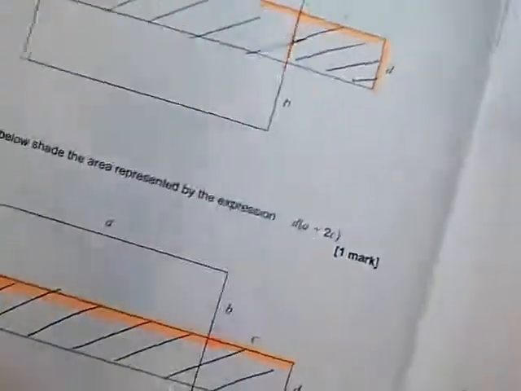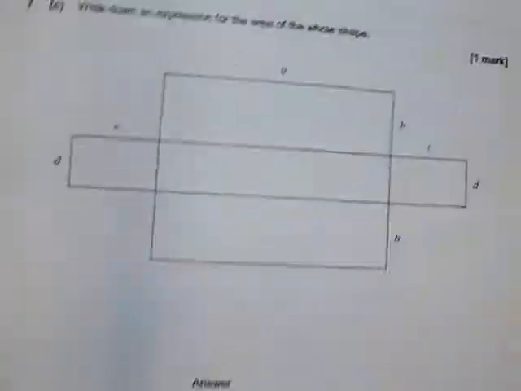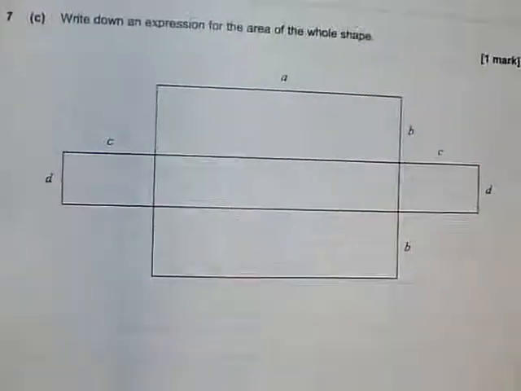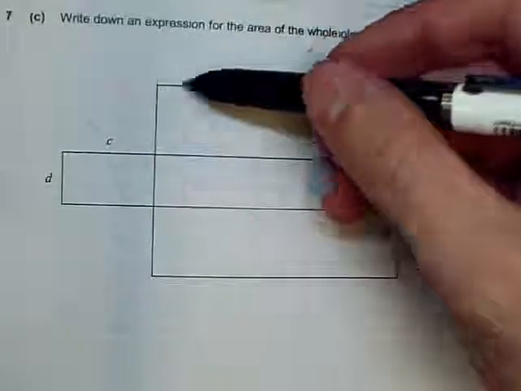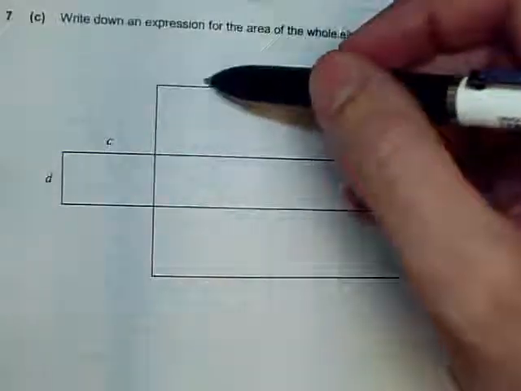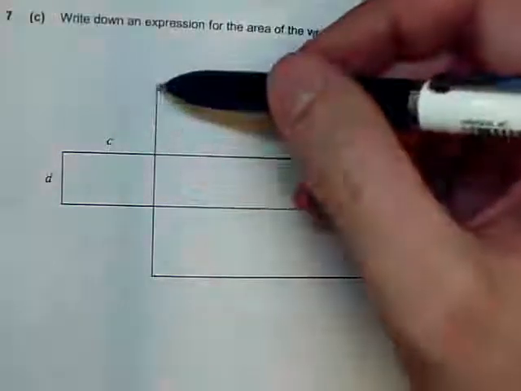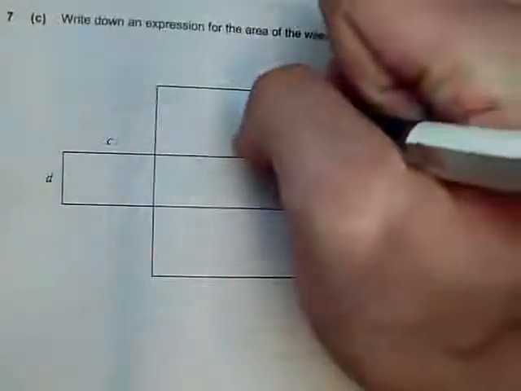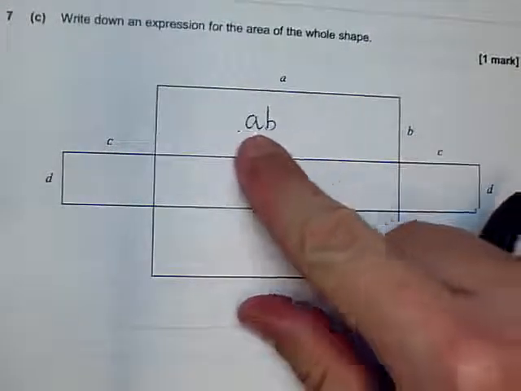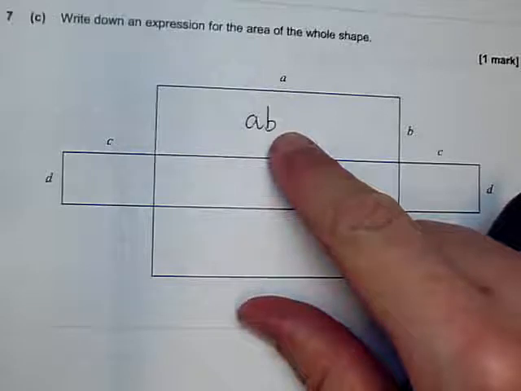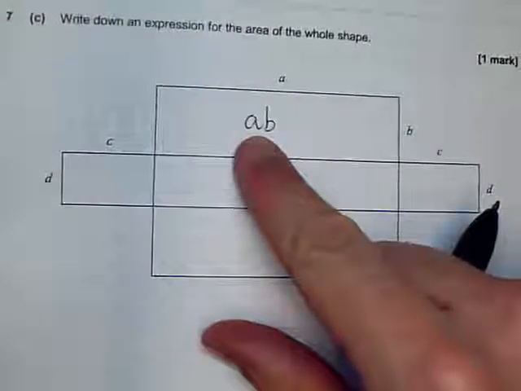In part C, it says write down an expression for the area of the whole shape. So this area here is A times B, and we know we can write that as AB. Always write this in alphabetical order if you've got two letters. So I wouldn't write BA.